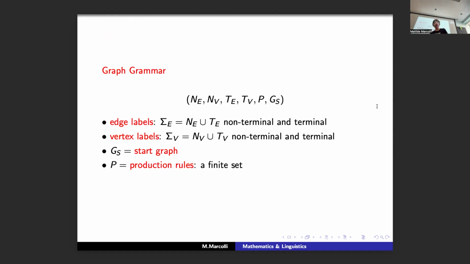But in general, let's say that you think in terms of set of vertices and set of edges, then you have non-terminals associated to edges and non-terminals associated to vertices, and terminals associated to edges and vertices. And some start graph and a finite set of production rules that tell you how you can modify parts of the graph that are marked as non-terminal into either other graphs with non-terminal parts or into terminal structures.